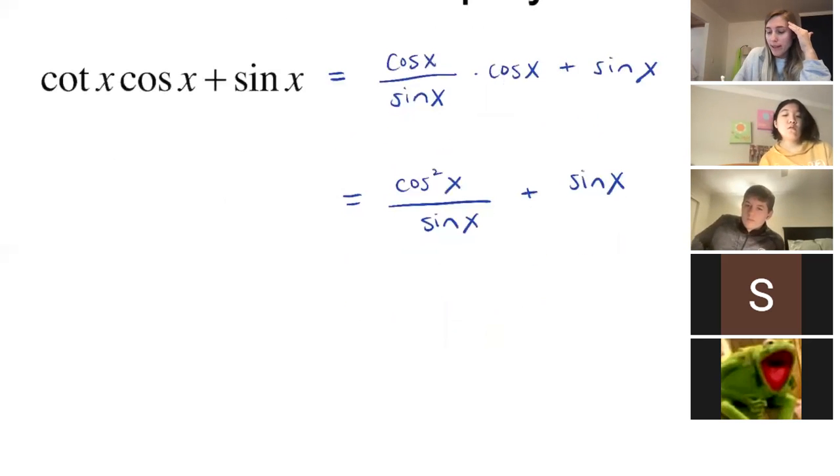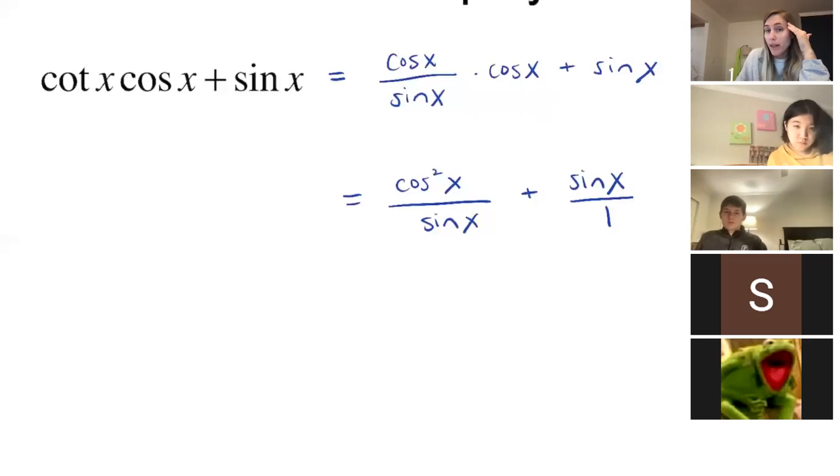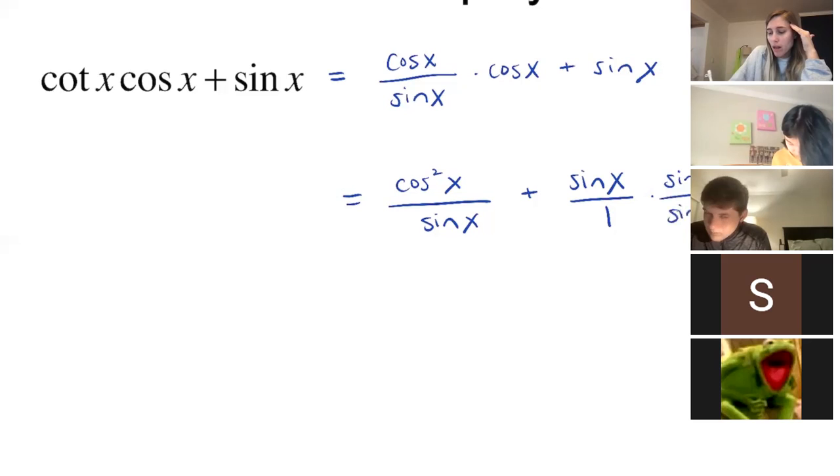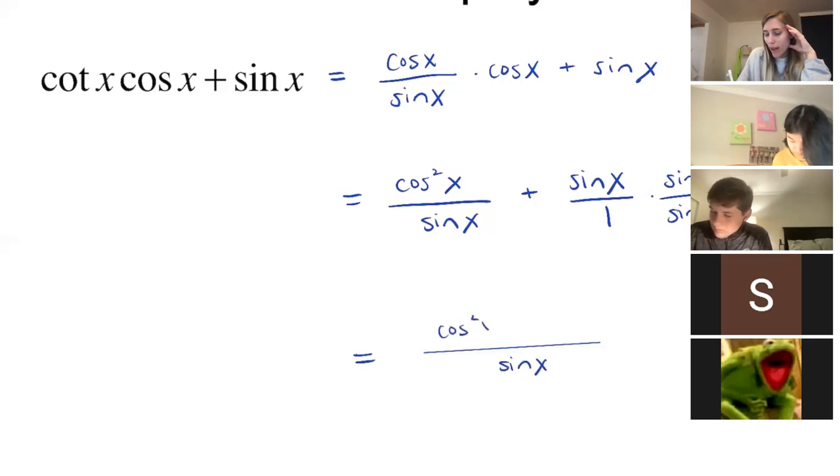Since this second term is sine over 1, we could get a common denominator by multiplying by sine over sine, which is just a version of 1. That gives us a common denominator of sine, and our numerator would be cosine squared plus sine squared.